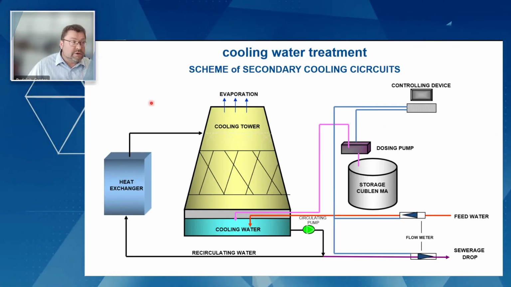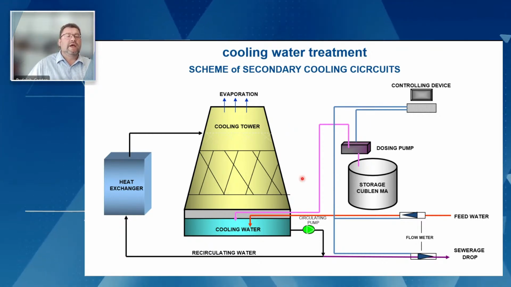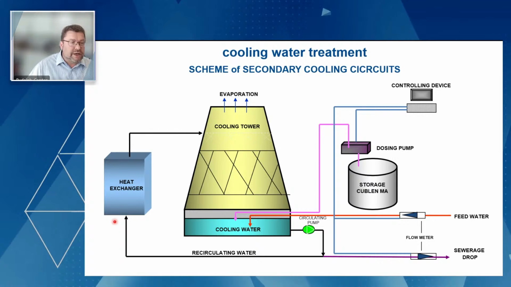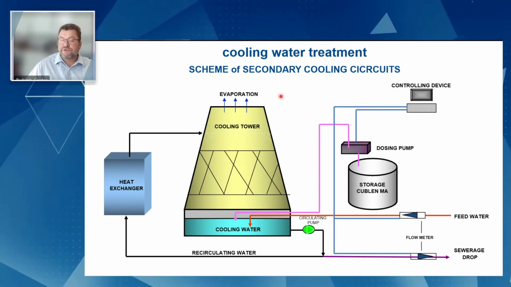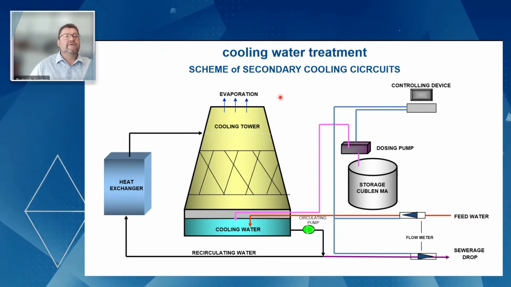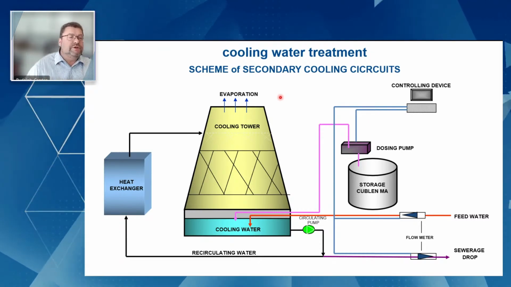If we speak about cooling water, the situation is different. In cooling water, we have a system where the water circulates, and a part of this water evaporates, which is approximately 30%, and the remaining 70% is cooled down.